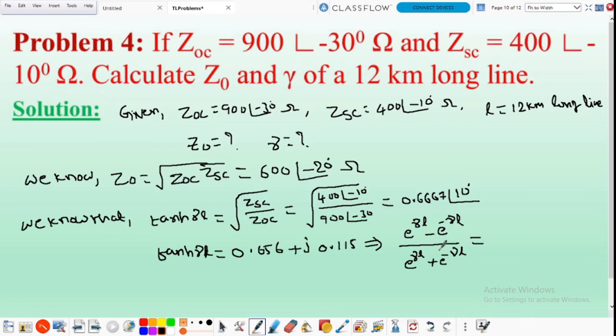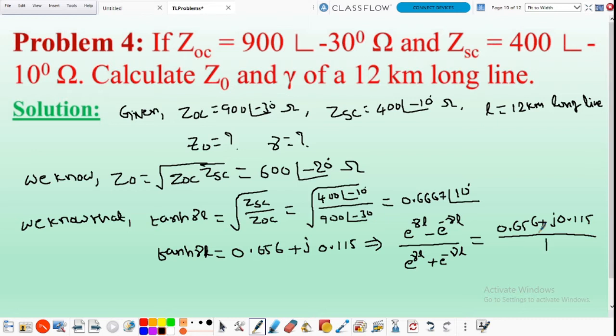This is the value, and the RHS term is 0.656 plus j 0.115. The RHS term is written as 0.656 plus j 0.115 divided by 1.